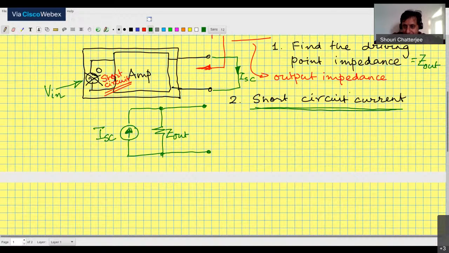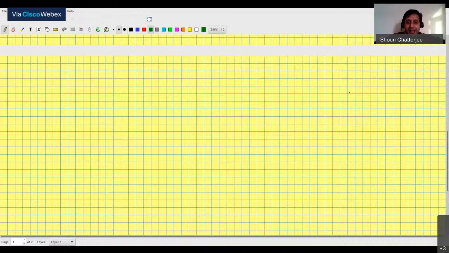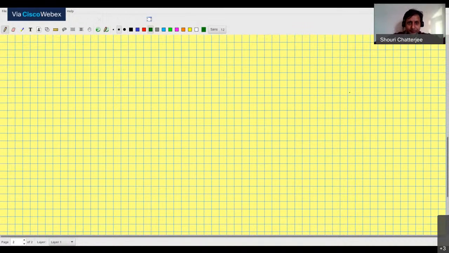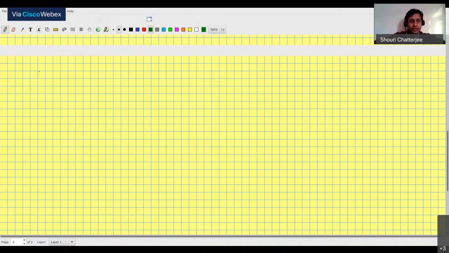The other part, finding the output impedance, has some shortcuts. What are the shortcuts? The shortcuts are two formulae that we have. These formulae you have to memorize. This is the only thing that you were supposed to memorize in this course.